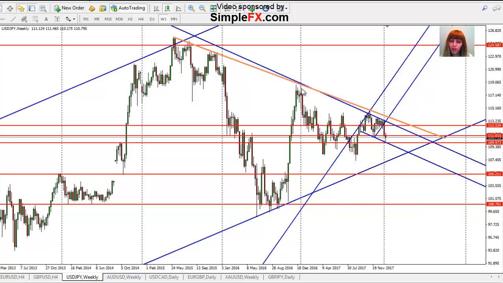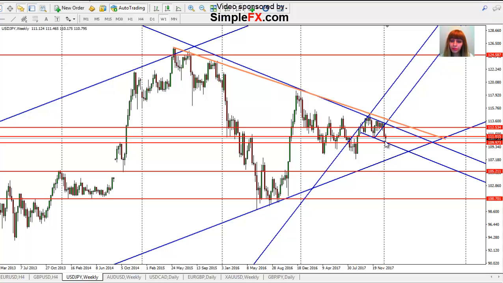We do have tops of the triangle, and that could possibly be the bottom, so it could still go here. Again, this is just the bigger picture, looking a little bit more ahead, not just this week.